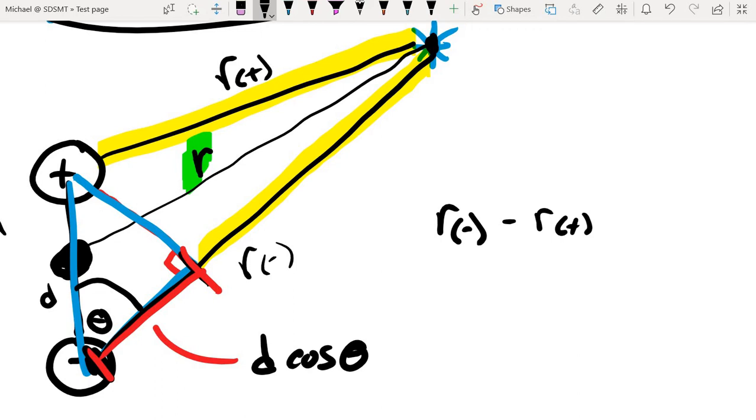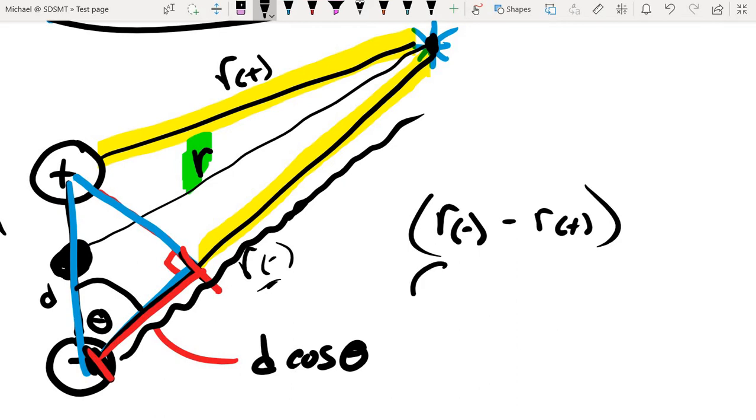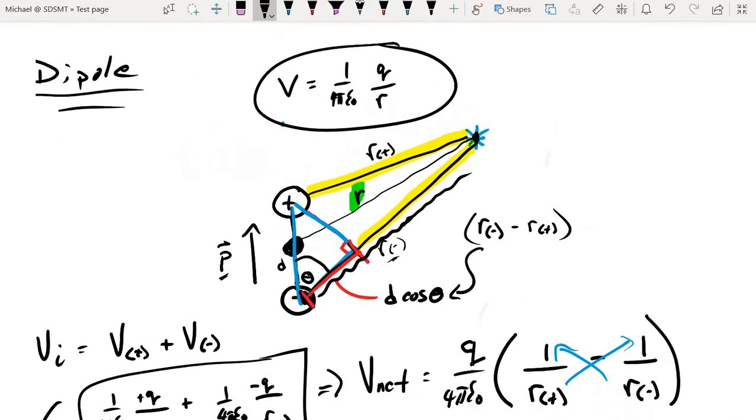But that yellow highlighted portion is not the full length of R negative. We also have to consider the d cosine theta. And so that difference right there is the d cosine theta.